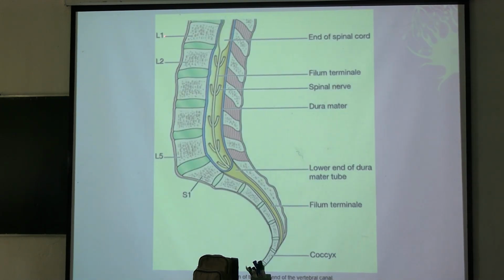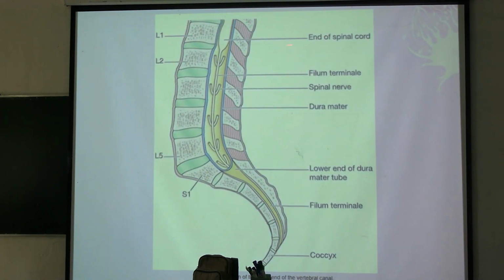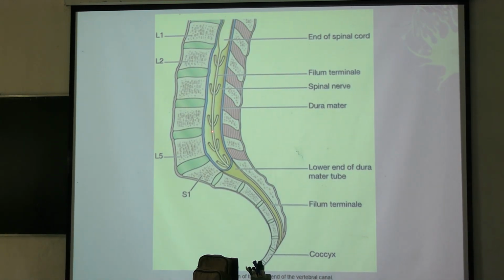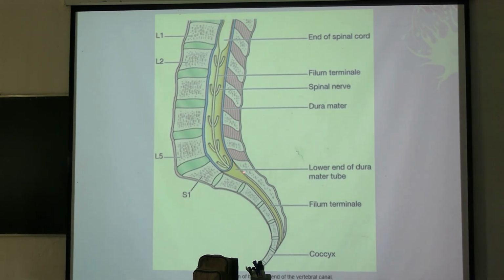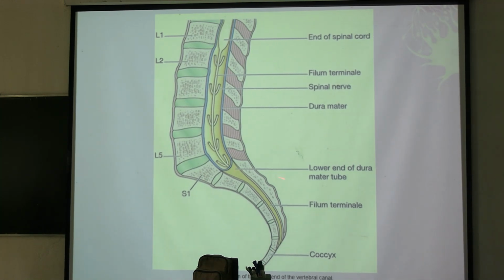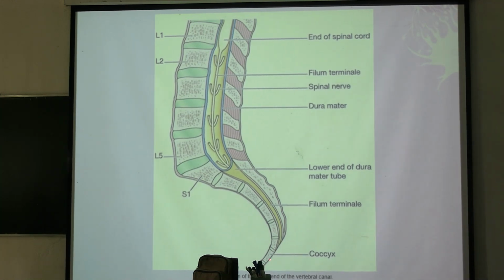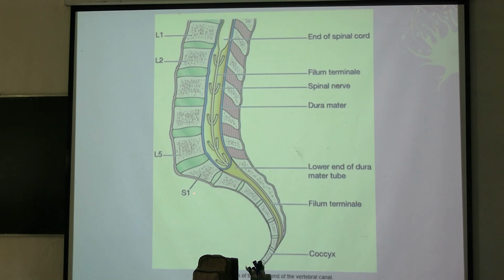Now, this is lumbar 1, at this level is the end of the spinal cord, L2. From here, the filum terminale extends, these are the spinal nerves, the dura mater is shown in blue, and the lower end of the dura mater is here, and the filum terminale goes to the coccyx, L5, S1.